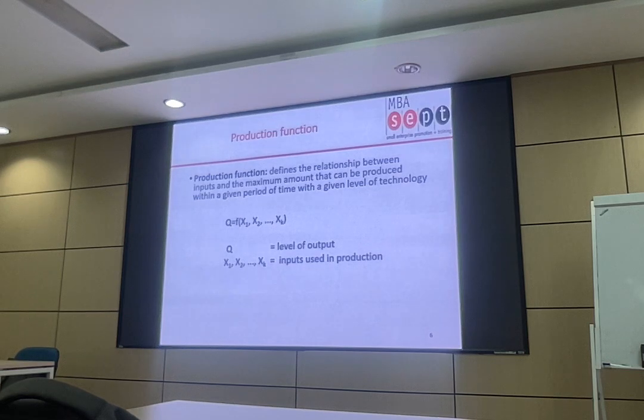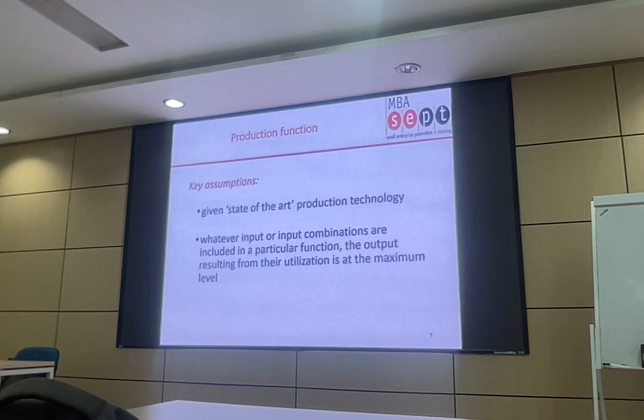In reality, many other inputs may be included, but to help us understand the nature of the production function, we simplified it and only focused on one or two inputs. Some key assumptions for the production function.